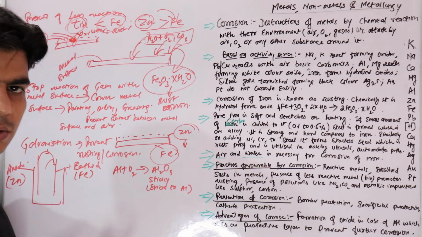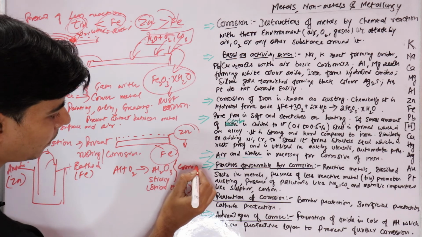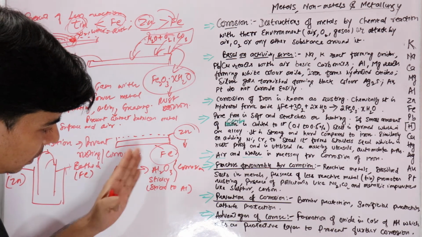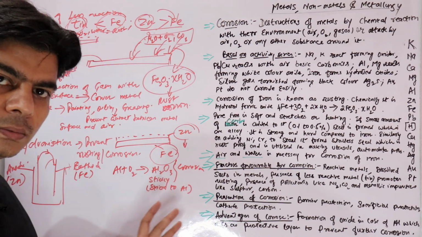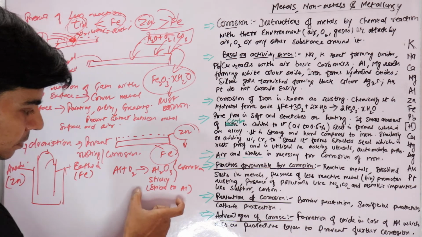So this is advantageous. This is nothing but corrosion, and due to this corrosion, further corrosion of aluminium is prevented.